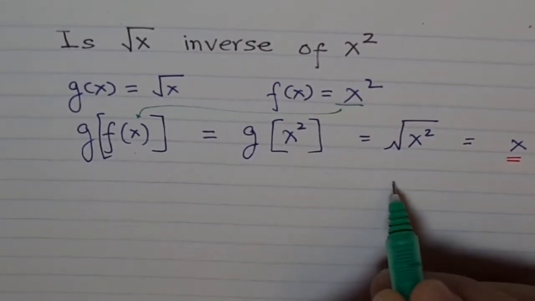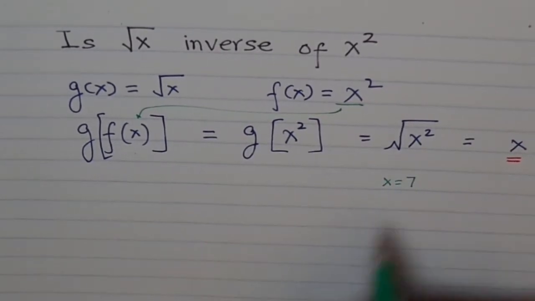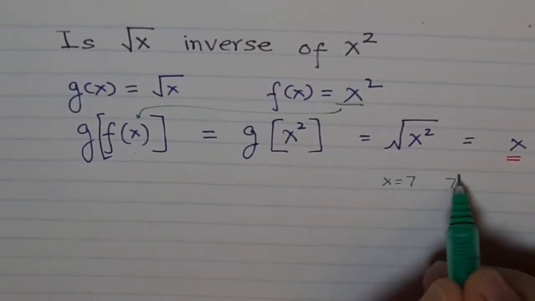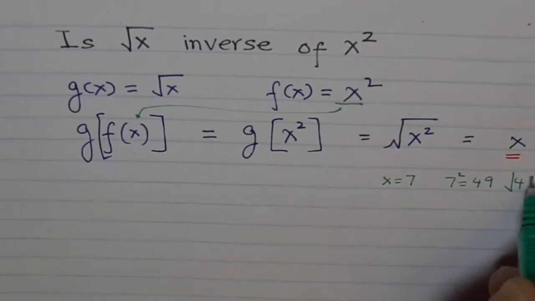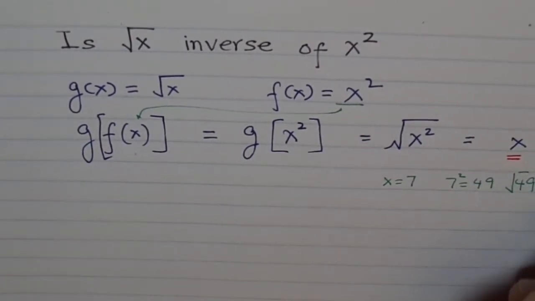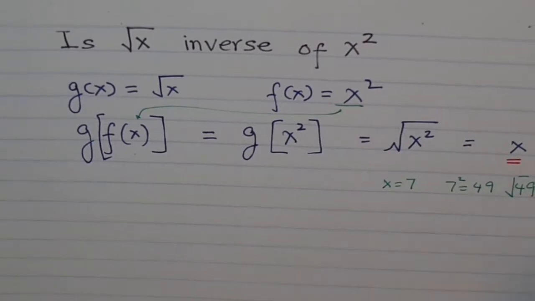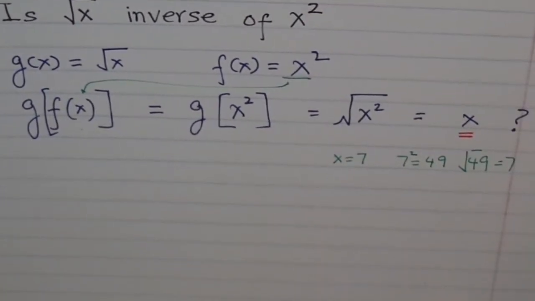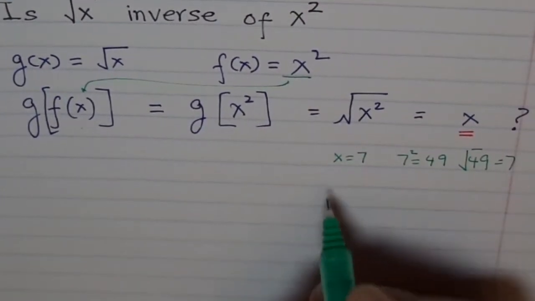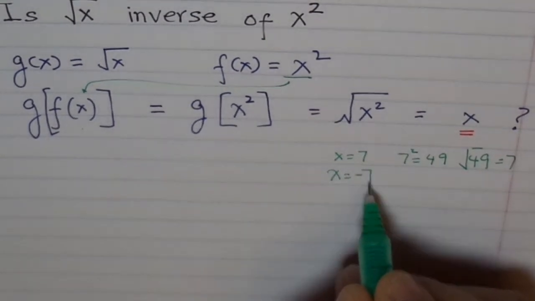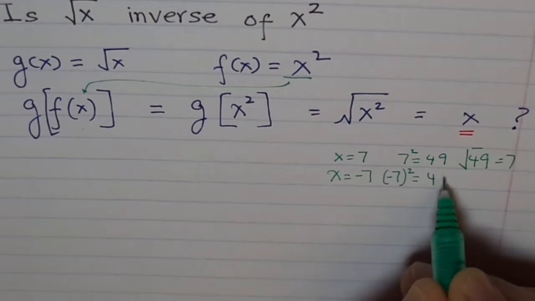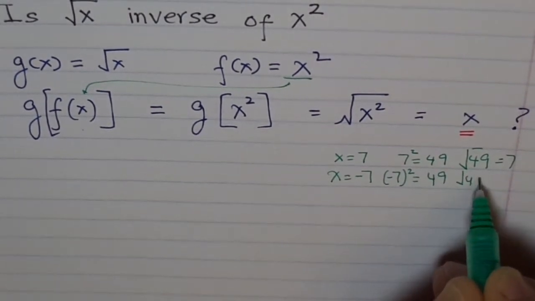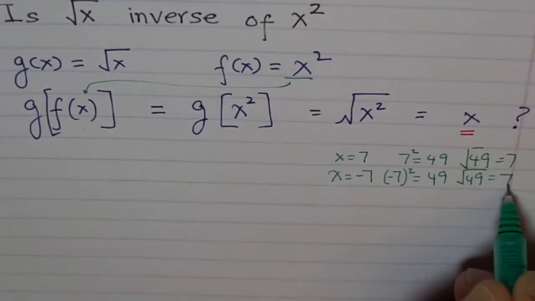Let's say x equals 7, then 7 square is 49, and square root of 49 is 7. So we get the 7 back, correct? But if x equals minus 7, now square of minus 7 is 49, and when you do square root of 49, you get 7.